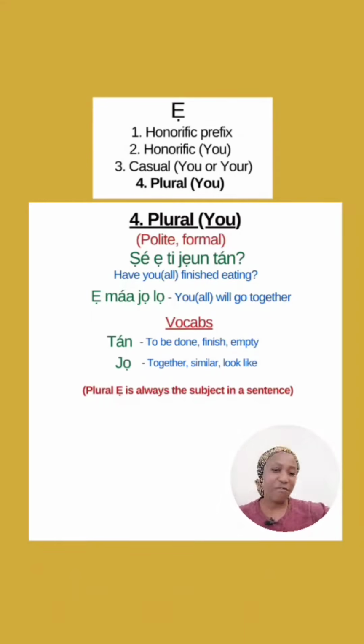But if it's just your friend or a younger sibling, you can just say to them, ṣó fẹ́ jẹun, jẹ́ ká lọ, kí ló fẹ́ ṣe. So these are the four ways you use ẹ in Yoruba: honorific prefix, honorific you, casual you or your, and plural you.